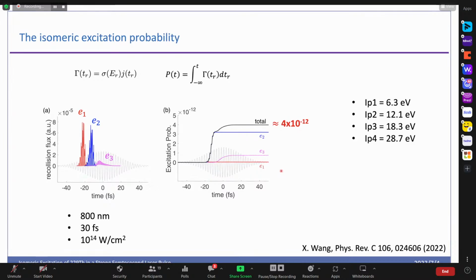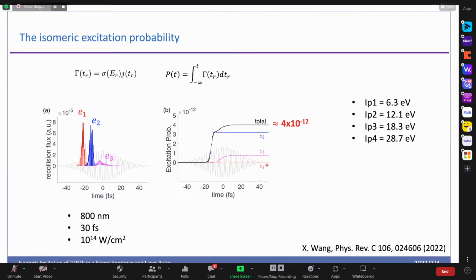Very interestingly, if we use a much shorter later pulse, like a few cycles, 10 femtoseconds, the first electron becomes useful again, because then the recollection energy is not what we usually assume, 3.17 Up.